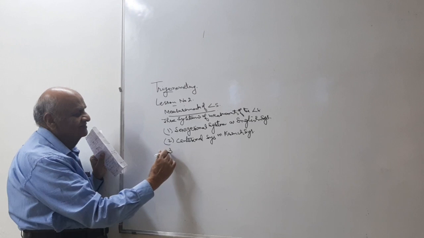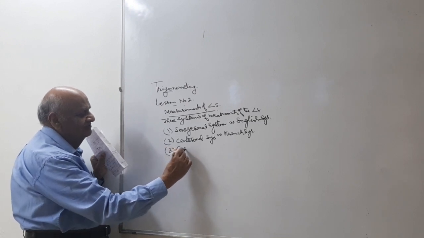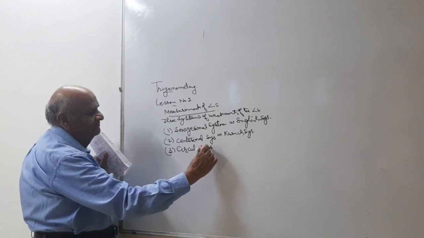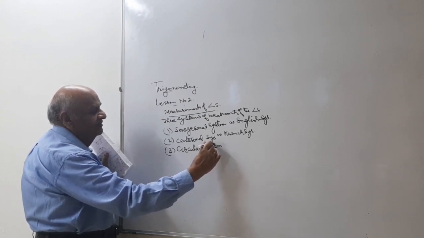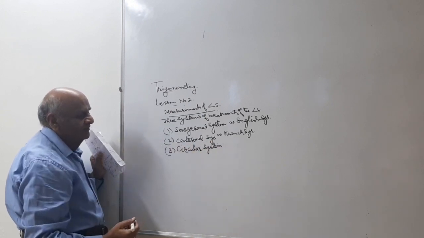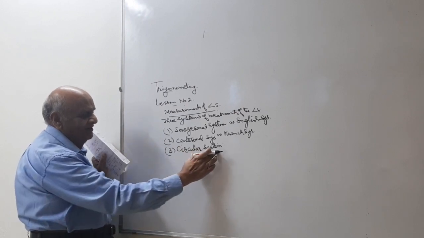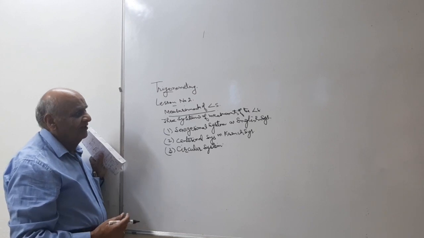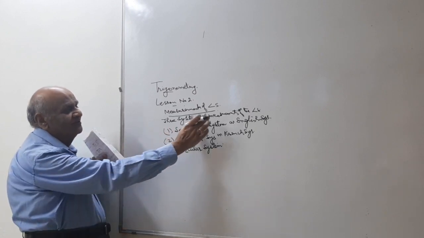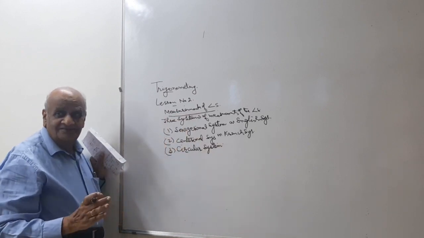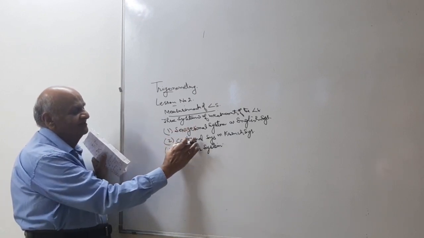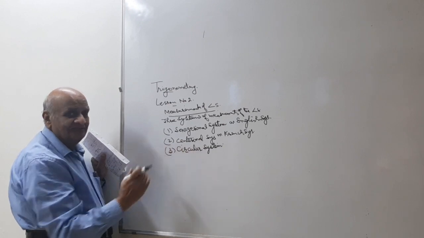The third is the circular system. Very important, maximum used at the advanced level or even at +1 level. Now we have just three systems of measurements of the angles. First is the sexagesimal system, centesimal system, circular system.